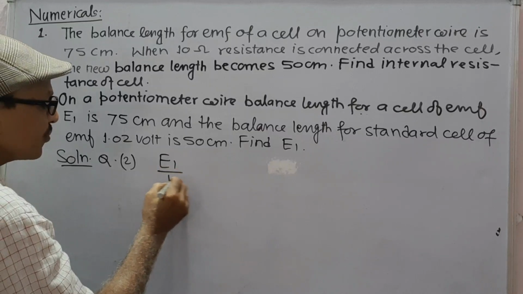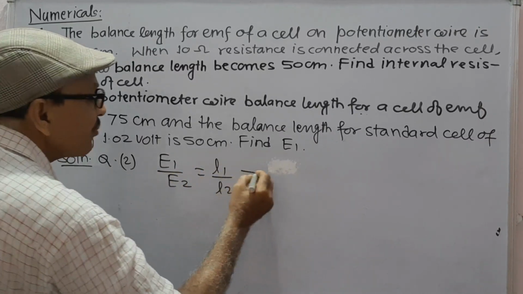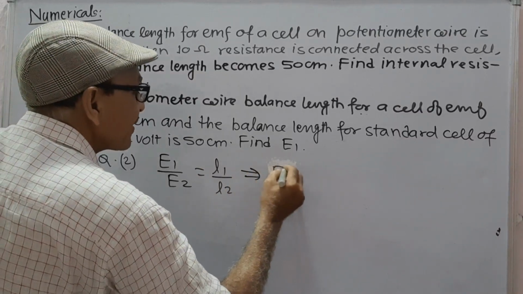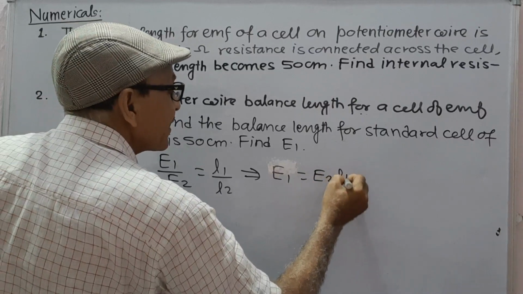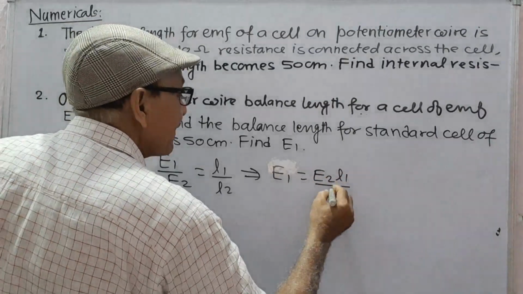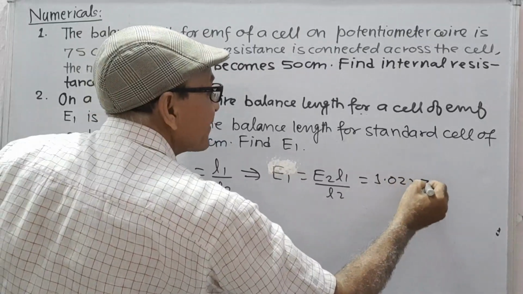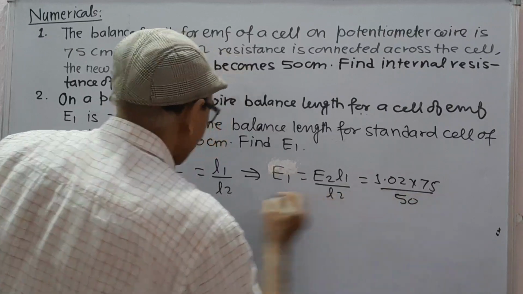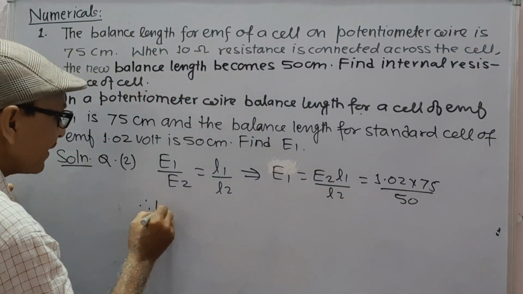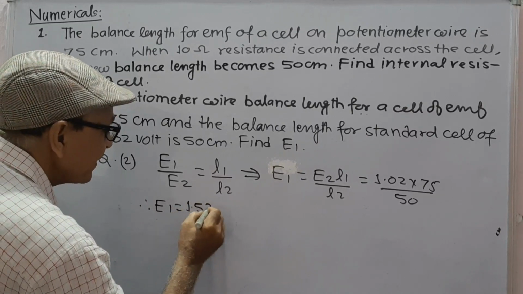E1 upon E2 is equal to L1 upon L2, which gives E1 is equal to E2 L1 upon L2. E2 is 1.02, L1 is 75 and L2 is 50, which gives E1 as 1.53 volts.